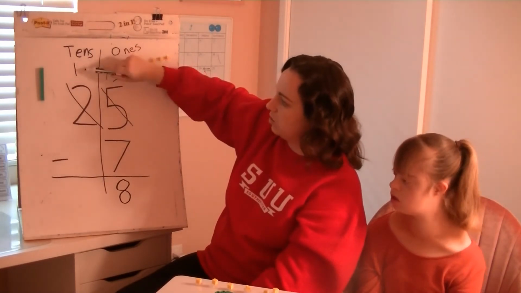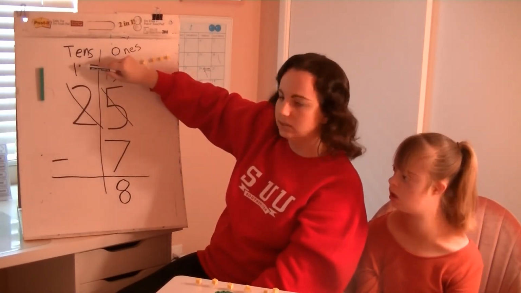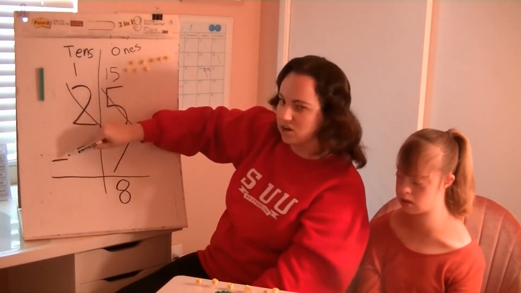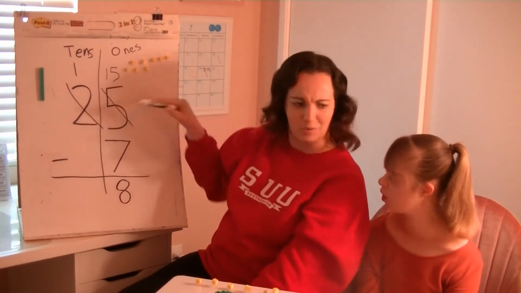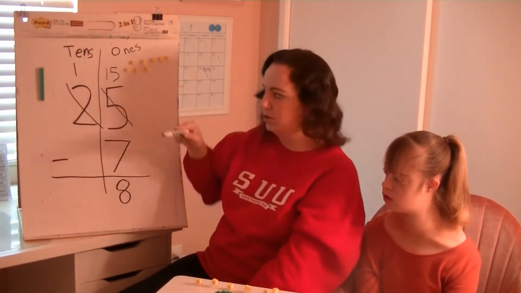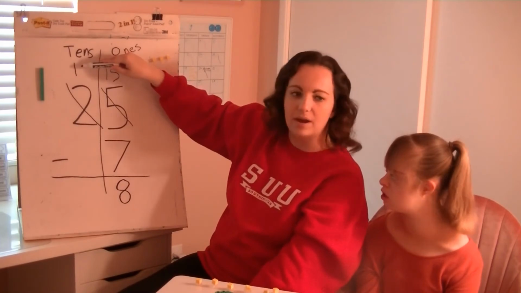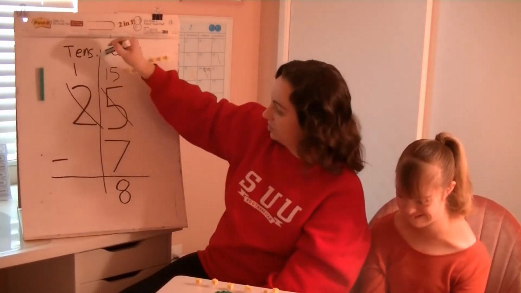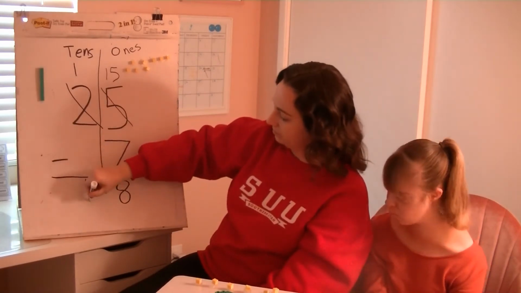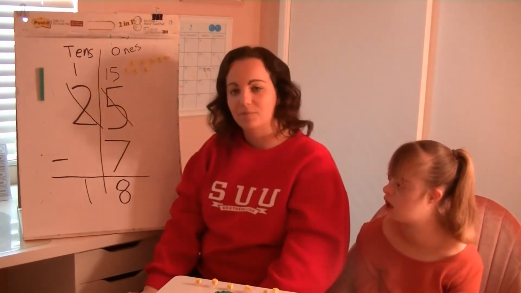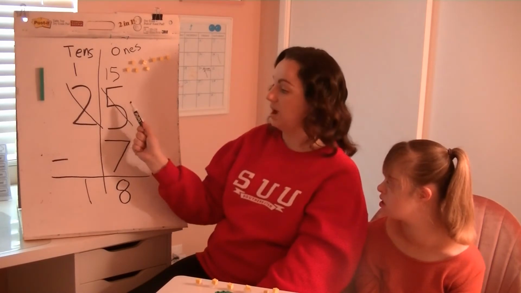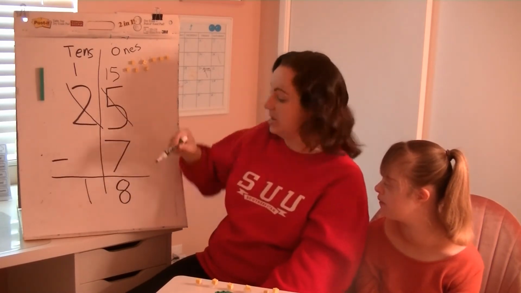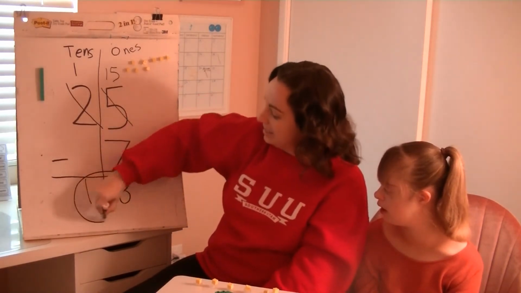Okay, I now only have 1 ten left. 1 take away, is there anything to take away here? No. So 1 take away nothing is still 1. So I write that down here. And I then have my answer. 25 take away 7 equals 18.